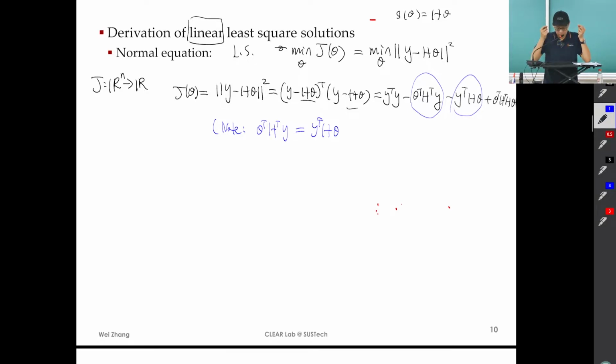Because this is a scalar, of course. If you take the transpose, it's the same.